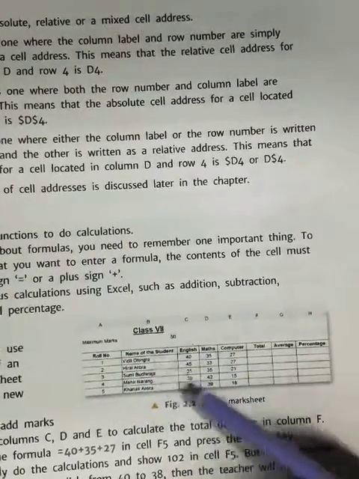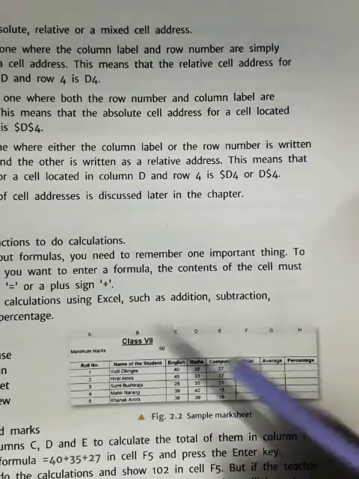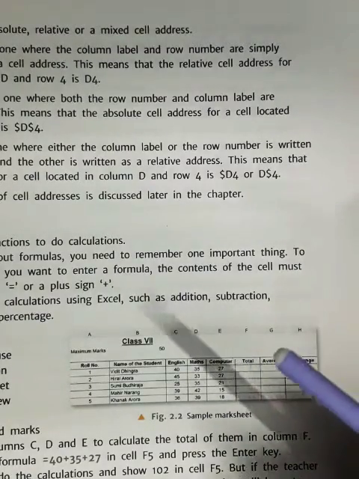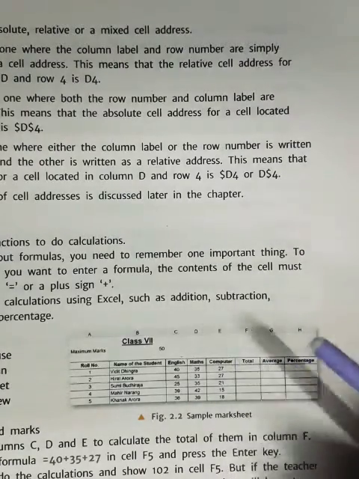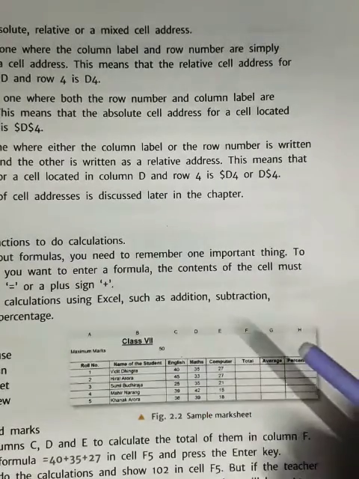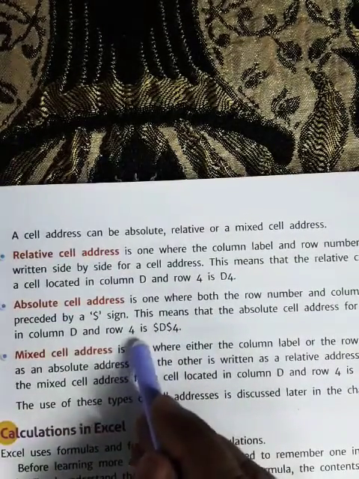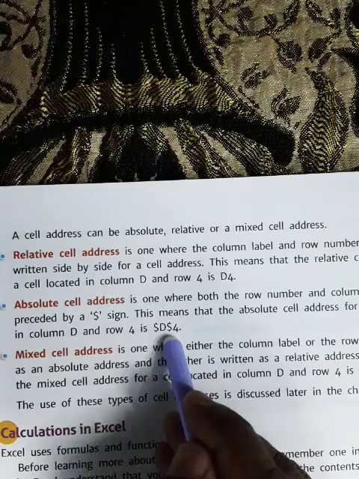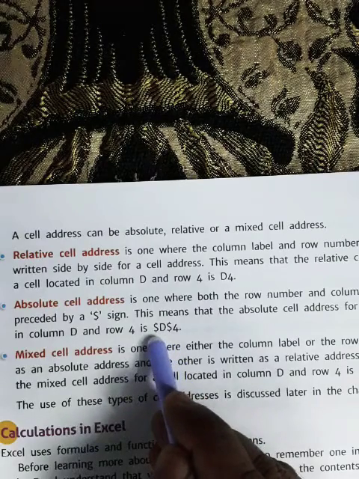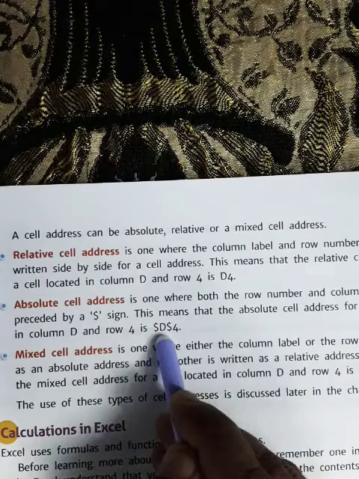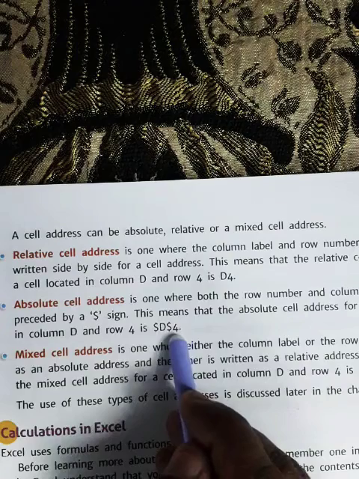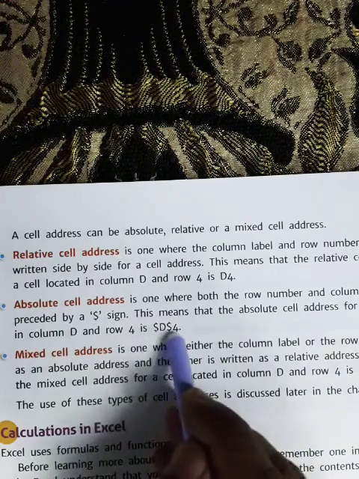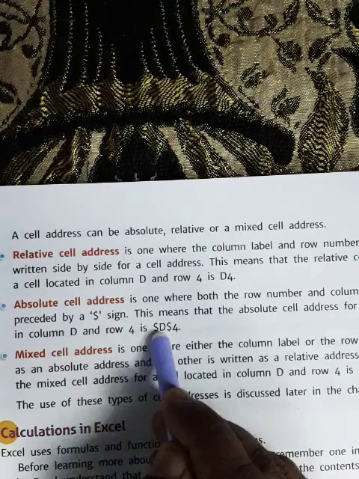So what is an absolute cell address? As I told you, both the row number and column label are preceded by the dollar sign. It means the absolute cell address for a particular cell, like D4. The formation of the absolute cell address is: first you put the dollar sign, then the column name, and then again the dollar sign, and then the row number.